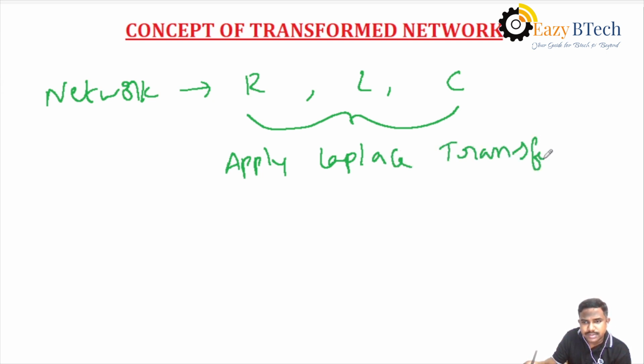All elements should be changed into the Laplace transformed elements. Then, after applying the Laplace transform to the elements, the changed network is called a transformed network.